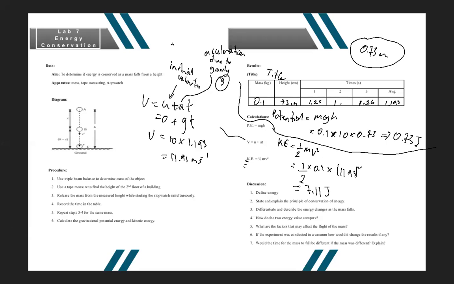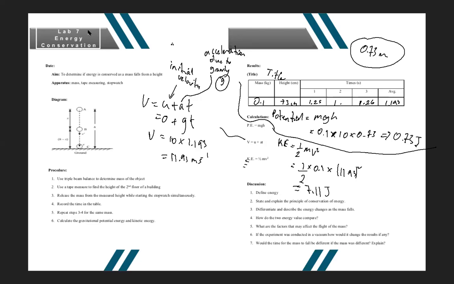We need the velocity to calculate the kinetic energy. The acceleration is g because the object is just falling. Acceleration due to gravity. Yes, sir. All right, so is this clear? Yes, sir.